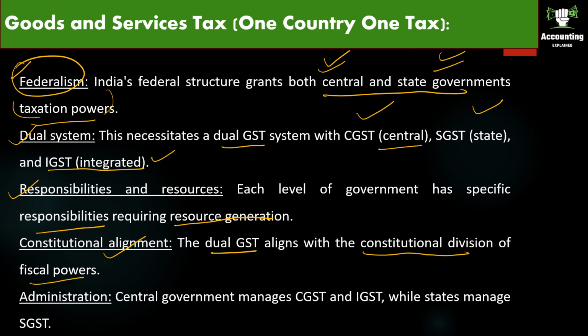Fiscal power is the ability of a government, group or institution to generate revenue. So the GST aligns with the constitutional power division to generate revenue for the country. Next is administration. The central government manages CGST and IGST and the state manages SGST.